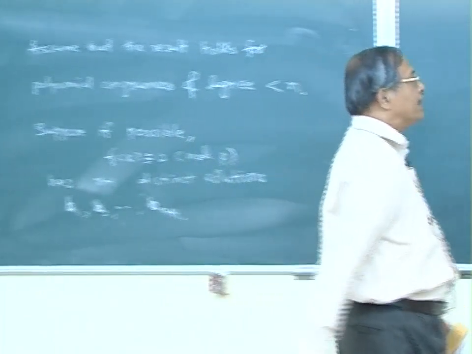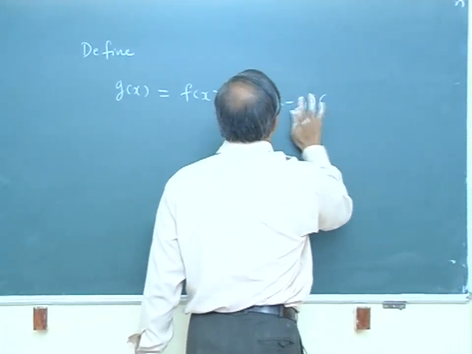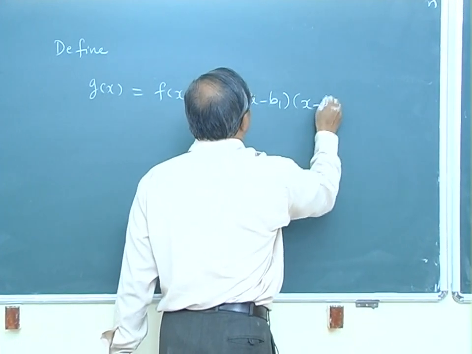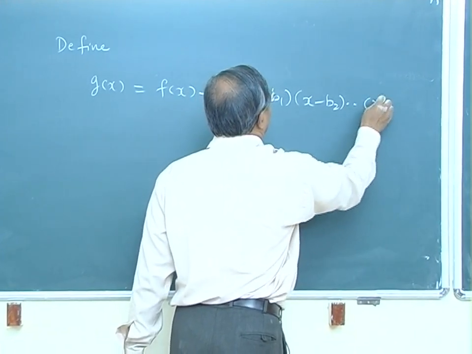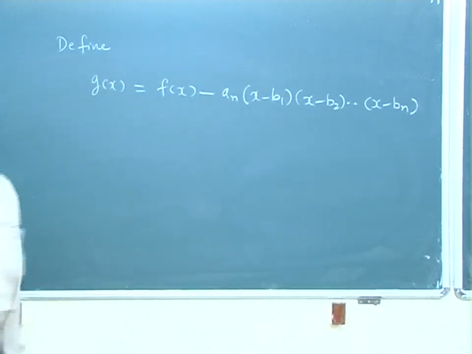So an is the coefficient of x raised to n. So g(x) equals f(x) minus an into (x minus b1), (x minus b2), etc., (x minus bn).